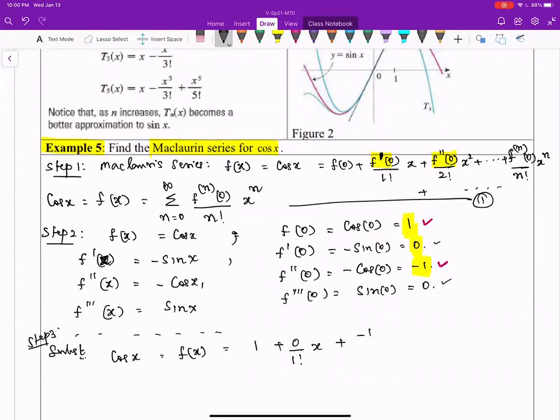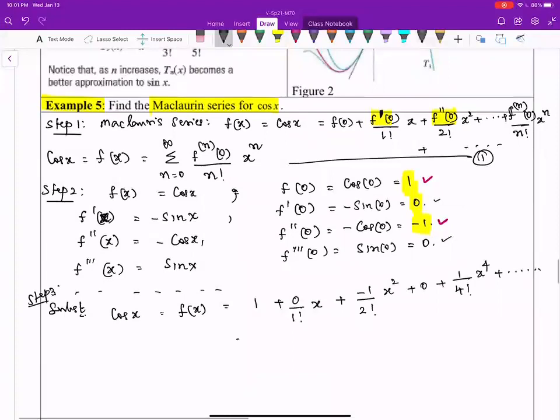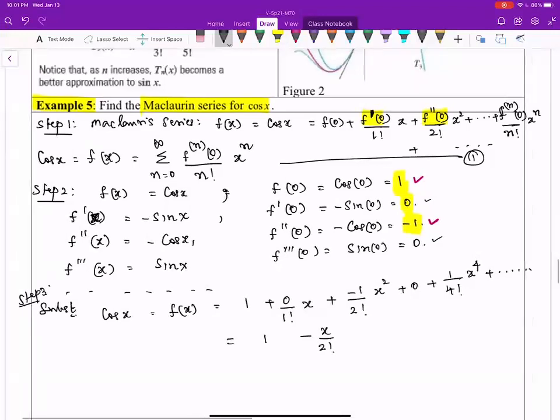So negative 1 over factorial 2 x square. Then the next term would be 0. The next term would be 1 over factorial 4 x to the power 4, etc. That is 1 minus x square over factorial 2 plus x to the 4 over factorial 4 minus x to the 6 over factorial 6, etc.